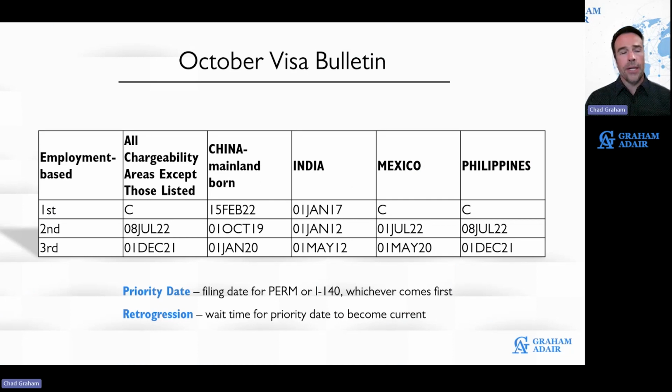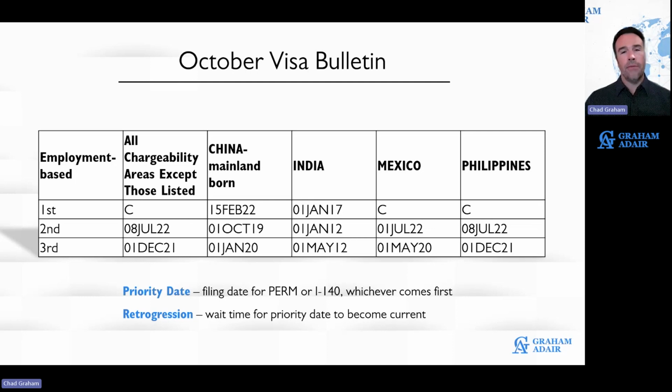So here's that visa bulletin again, put into a slide. As I said, one of the questions that comes up is, why is there such a long wait for people from India, let's say, in the second or third preference categories? So of the 140,000 new immigrant visas that are available every year, there's a law right now on the books that says no country can exceed 7% of those 140,000.